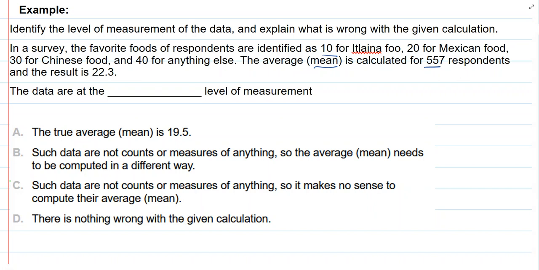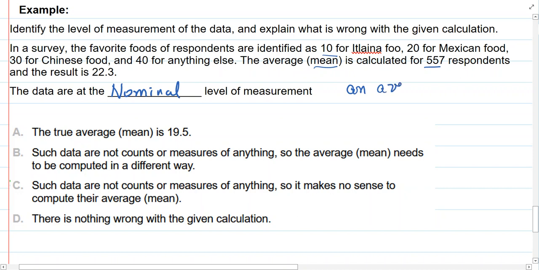Well, okay. The data is nominal. We know that. And it's bad because an average has no importance.